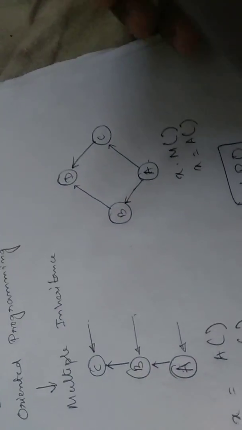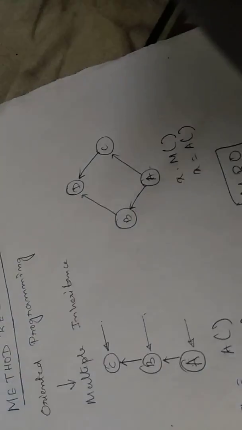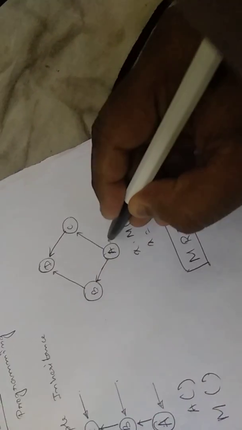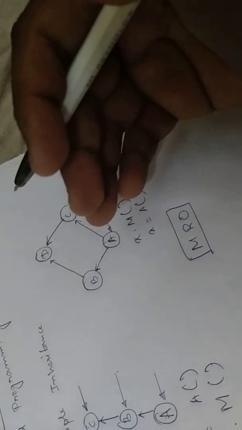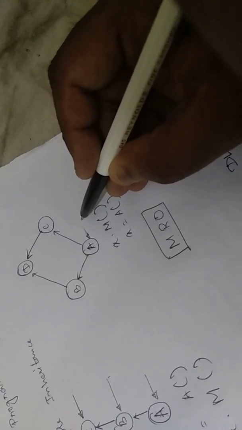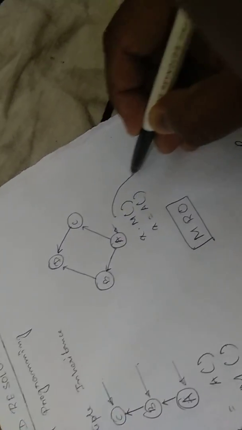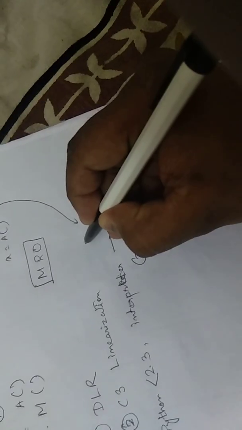So you see here, this is actually a directed graph. That means starting from A, we are able to do a depth first search. So if we do a depth first search, what will be the result?